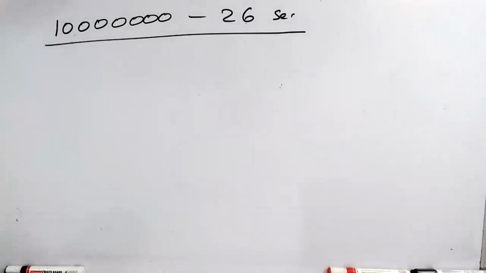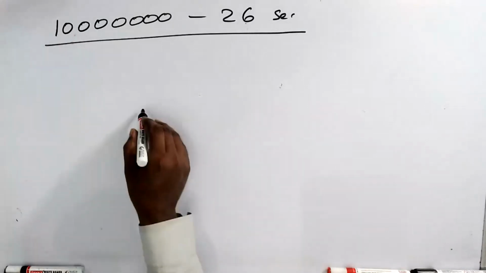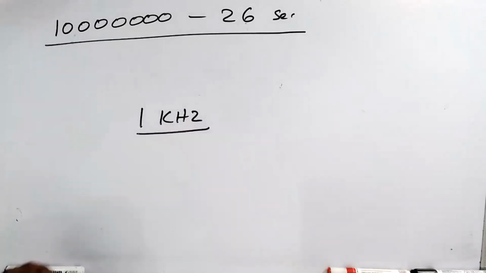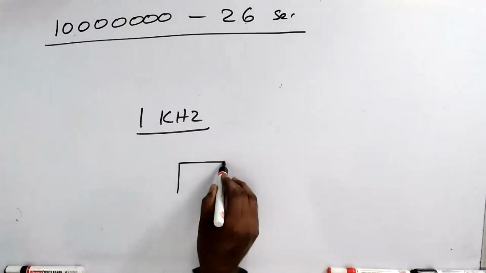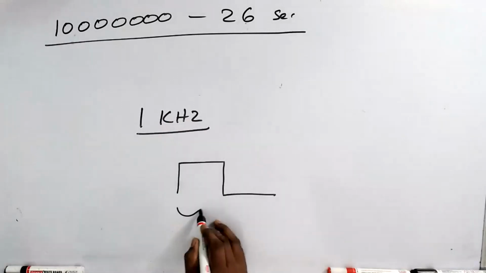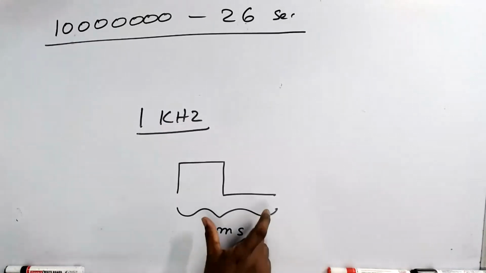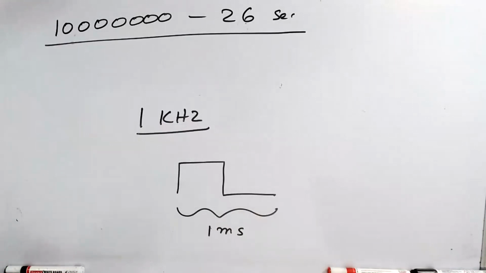Now, if I ask you to generate a 1 kilohertz wave, think how much. Then your on plus off time together is how much? Think of it. 1 millisecond. Am I right? It is 1 millisecond.